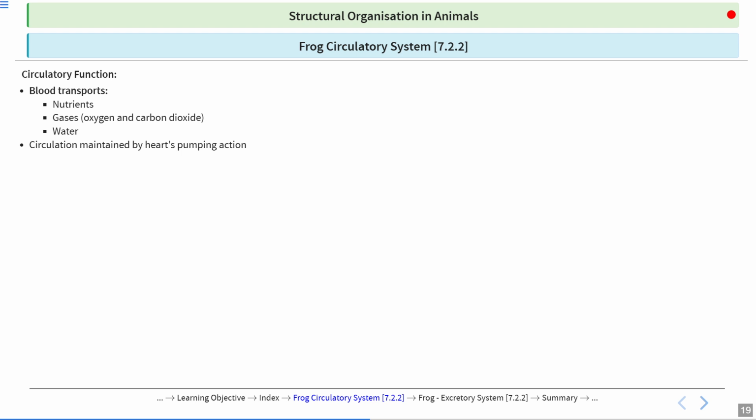Circulation is maintained by the heart's pumping action. So the heart is there, that pumps the blood. If there is no pumping of the blood, then blood will not circulate in the body. So this pumping organ is very, very important. That ensures the continuous supply of essential material to the body tissues.